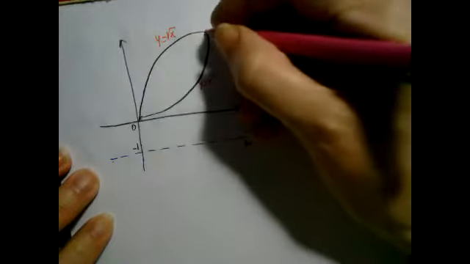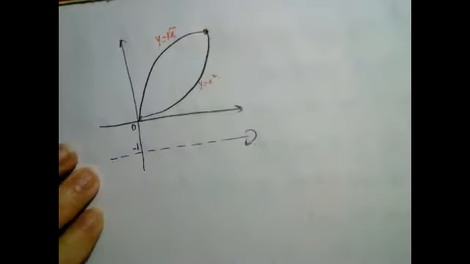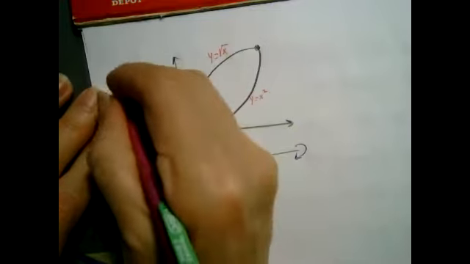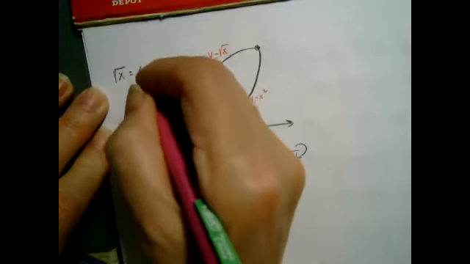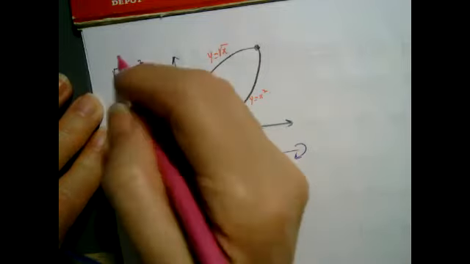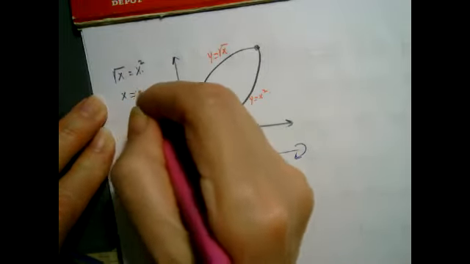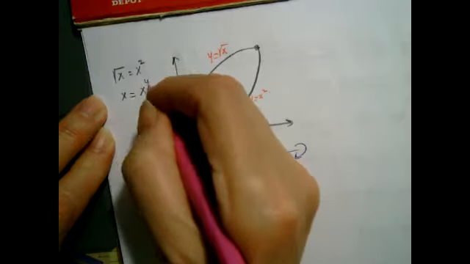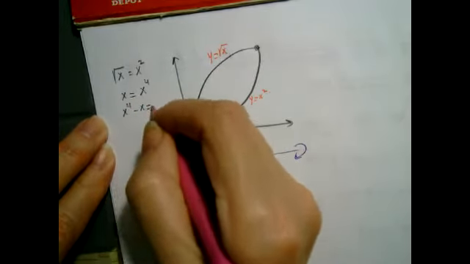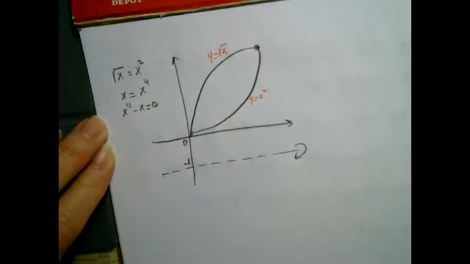That's my 0, and I need the intersection point. The intersection is not hard here. I set the square root of x equal to x squared. I square both sides and get x equals x to the fourth. x to the fourth minus x, we always put it equal to 0 to solve.